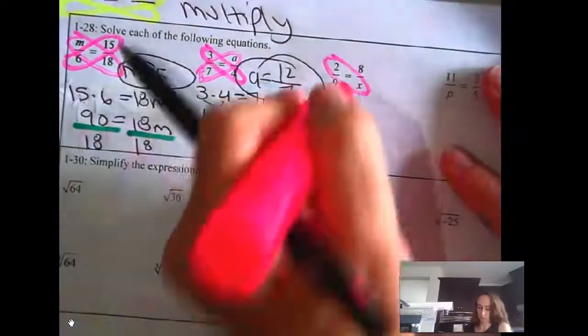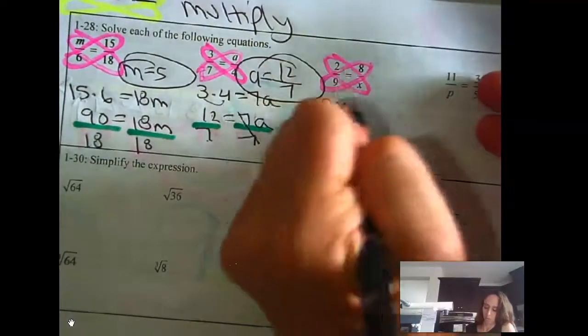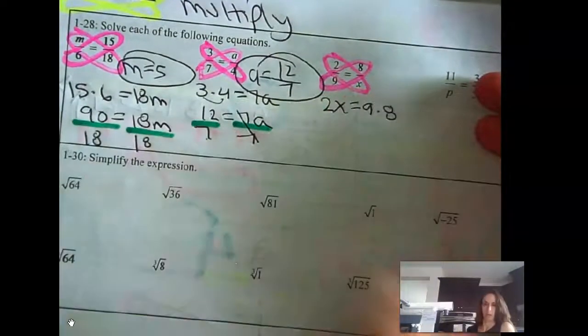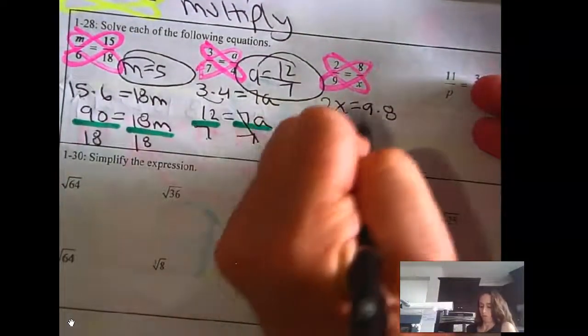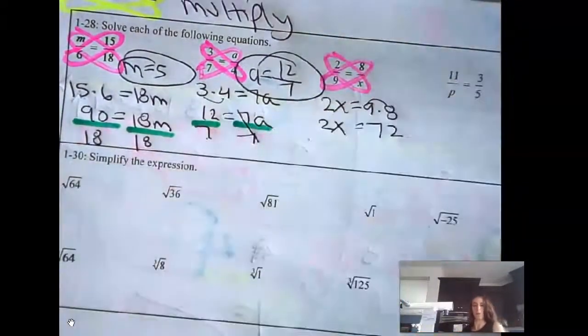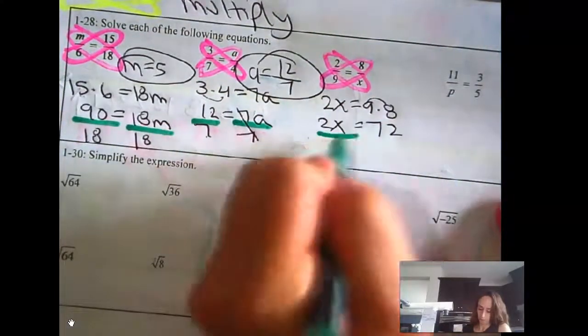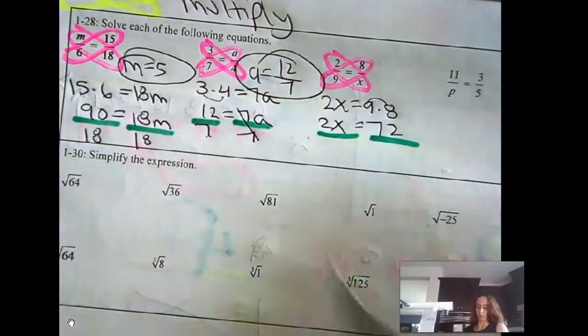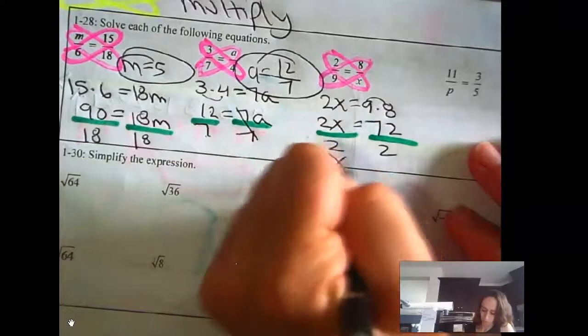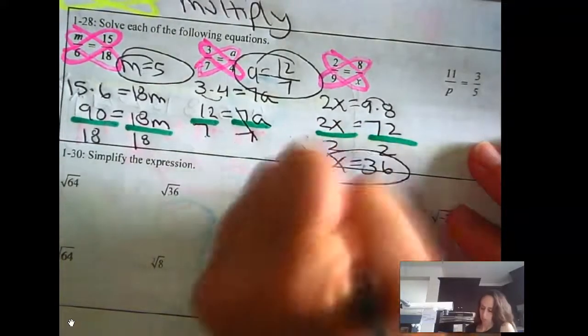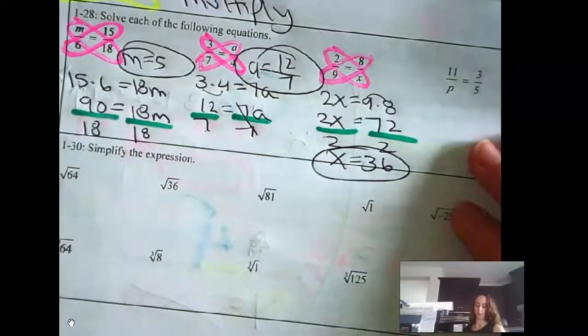2x equals 9 times 8. 2x, 9 times 8 is 72. What's the last thing I do? Divide. Divide by 2, divide by 2, x equals. You can use your calculator, okay?